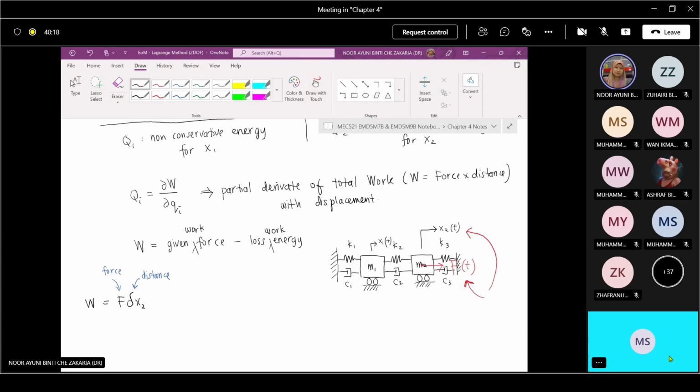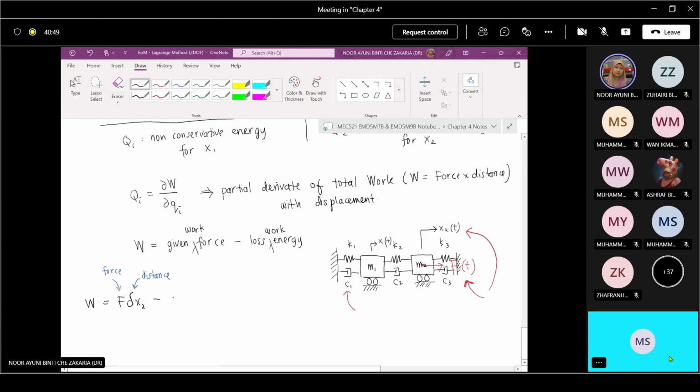Okay. Non-conservative energy, you add the given work and then minus the lost energy. So lost energy is coming from the damper, so we have to minus. So minus C. The next one is C, and C is a damping coefficient, but then we need to have it in force.